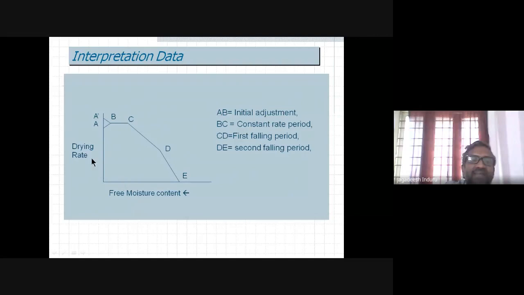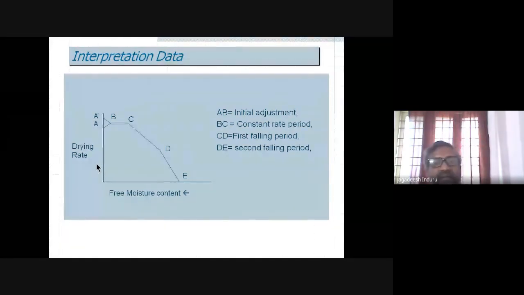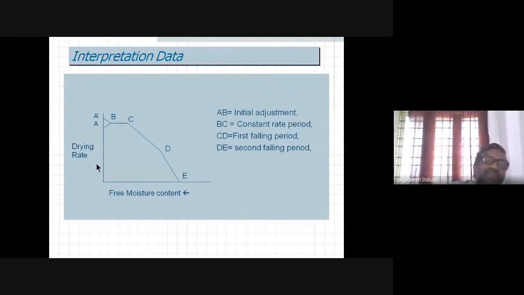The curve contains regions from A dash to A, or starting from A or A dash, reaching B, then B to C, C to D, D to E. Generally on the x-axis you have 0 at the start, but here the starting point is on the left and it goes to 0 on the right. So this is a reversal of the regular graph.